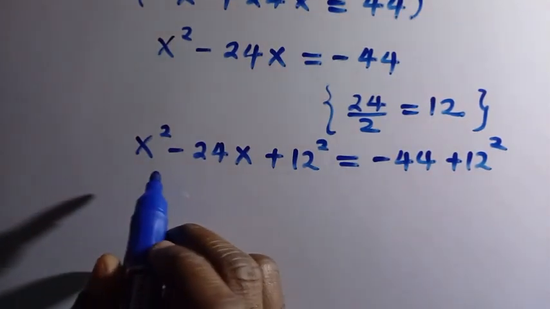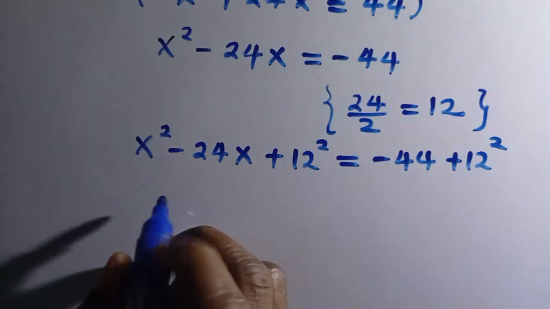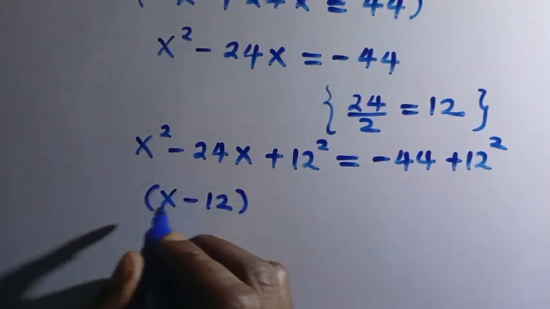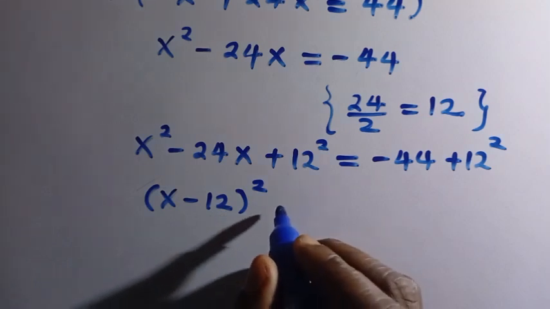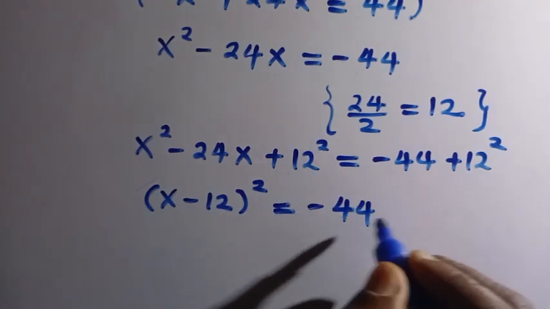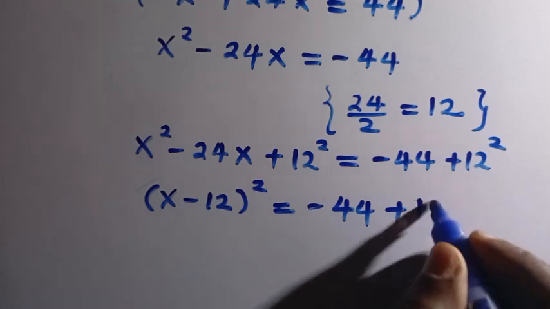And then x squared minus 24x plus 12 squared is the same thing as x minus 12 raised to power 2 equals minus 44 plus 12 squared, which equals 144.